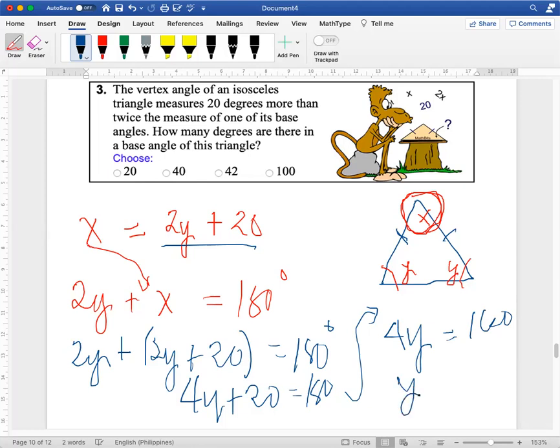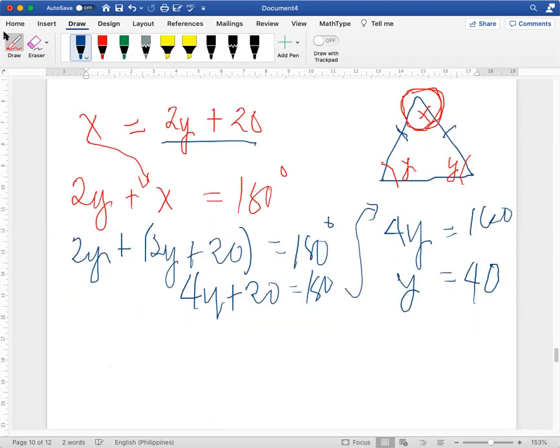Divide both sides by 4, and we get y is equal to 40. So y is equal to 40 here. That's the base angle measure. So we already solved number 3.